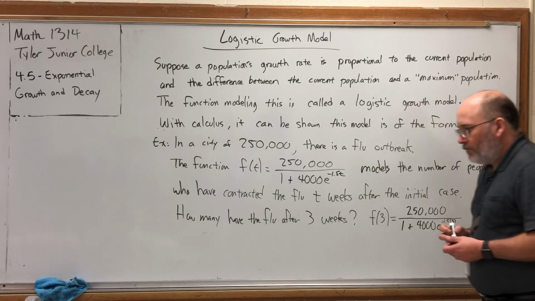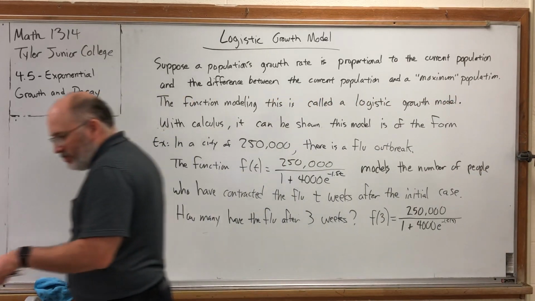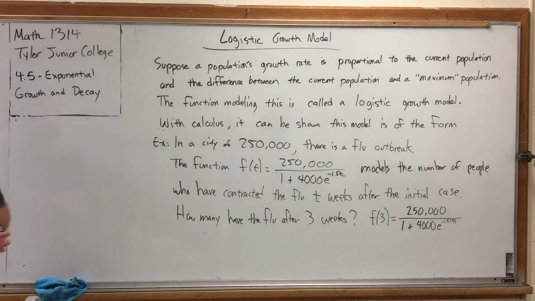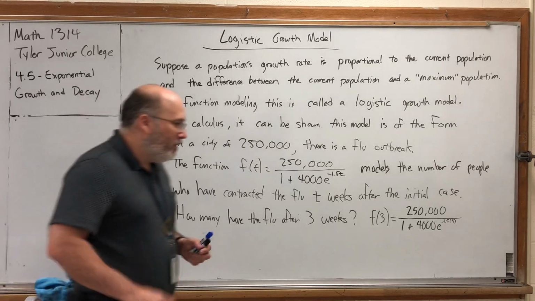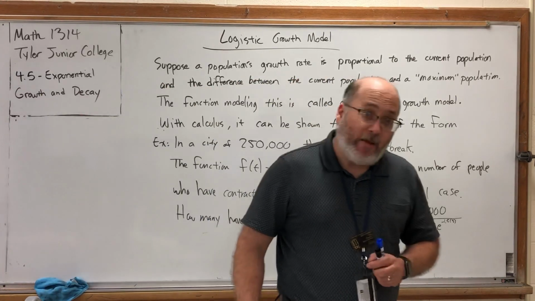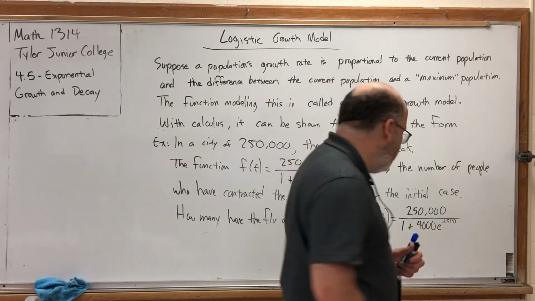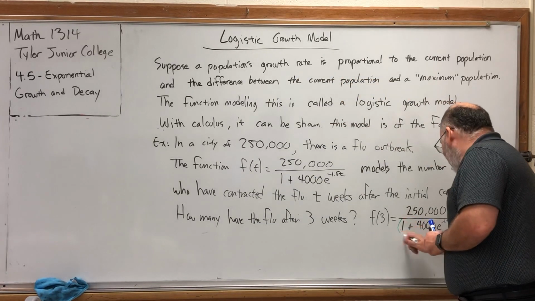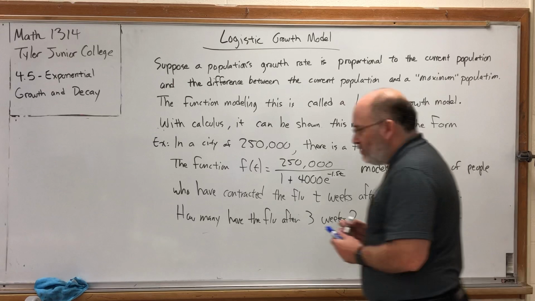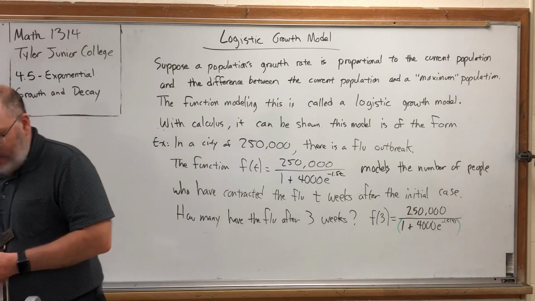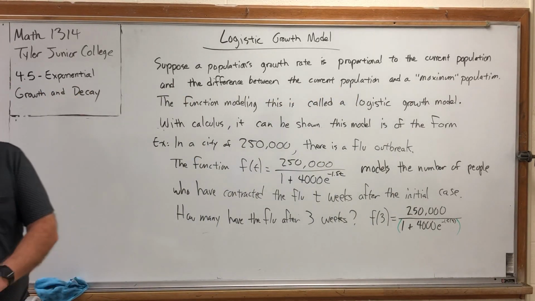Word of advice, if you're going to put all this into your calculator at once, anytime you put a large rational expression into a calculator and the numerator or denominator has more than a single number, it's a good idea to put parentheses around that side of the fraction. Because some calculators are not smart enough to know what belongs in a fraction.